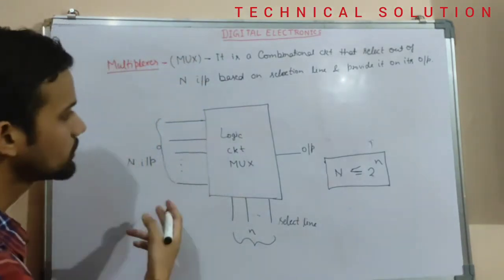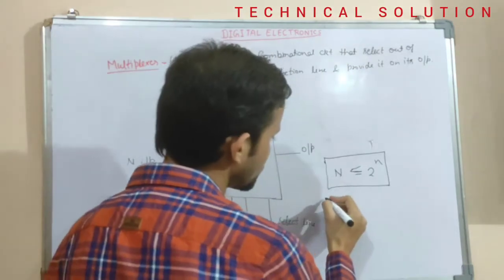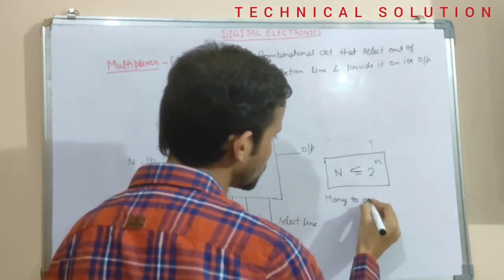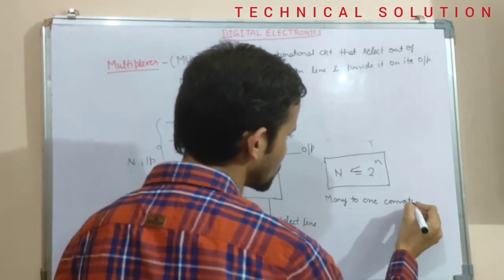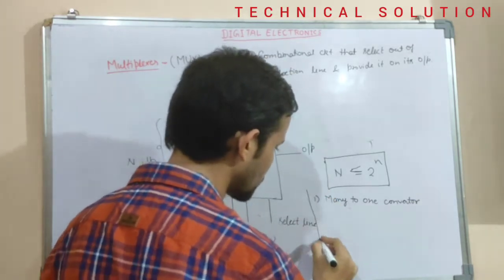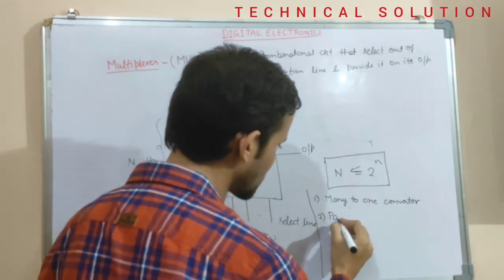On the basis of this, a multiplexer is also known as a many to one converter. It is also known as a parallel to serial converter.